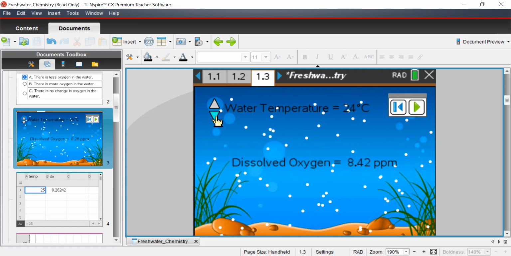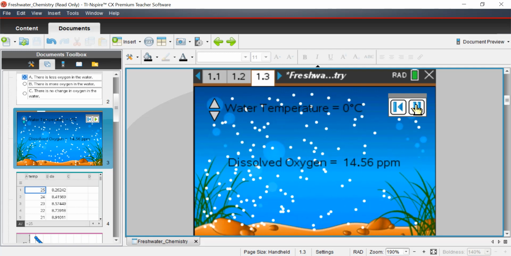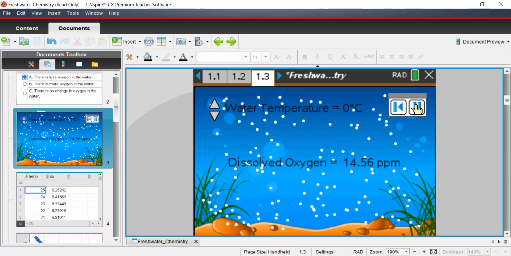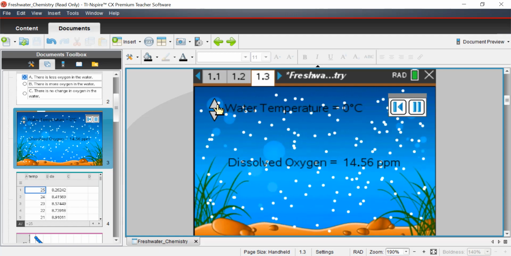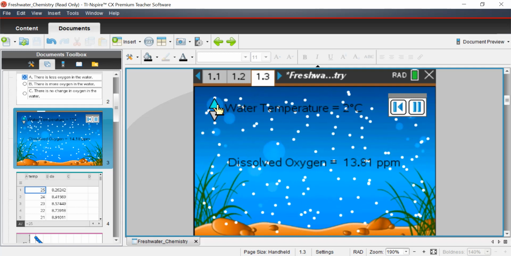That's basically what that means. And so I'm going to crank the temp down as far as I can. Okay, and we'll hit start. All right, so these little white dots are meant to represent the amount of dissolved oxygen that's in the water. I'm going to go ahead and continue to raise the temperature.